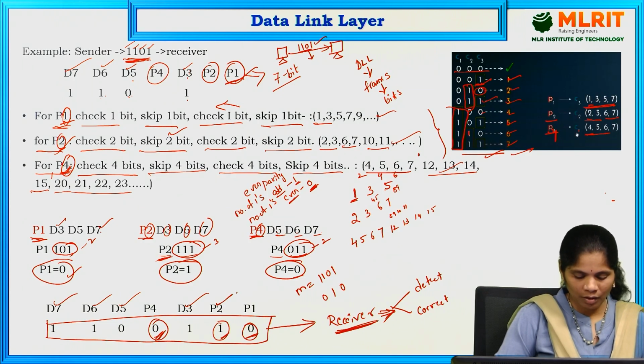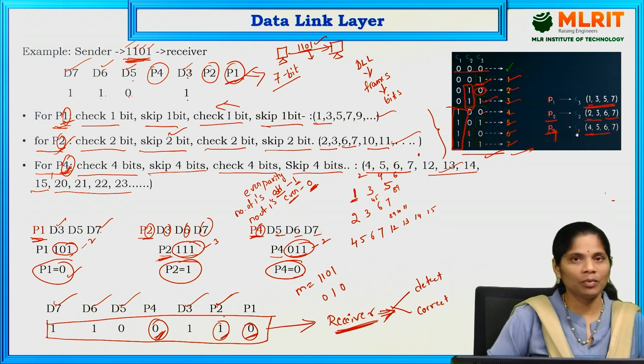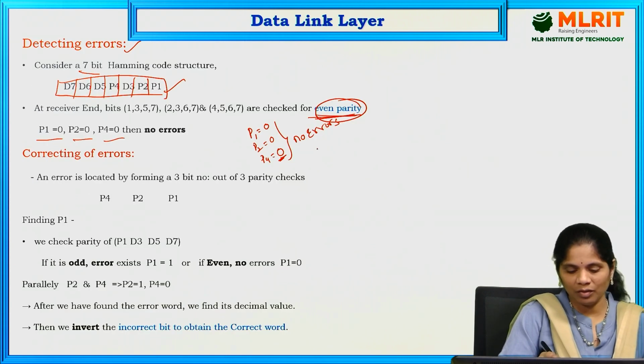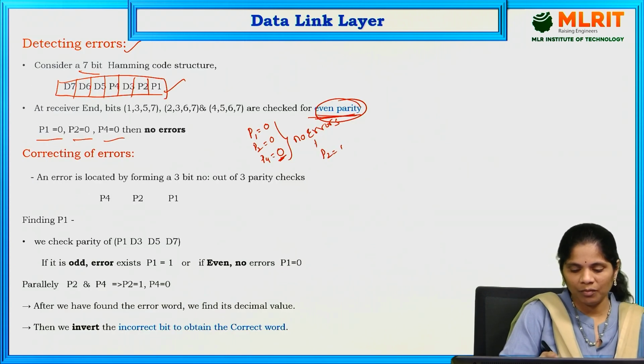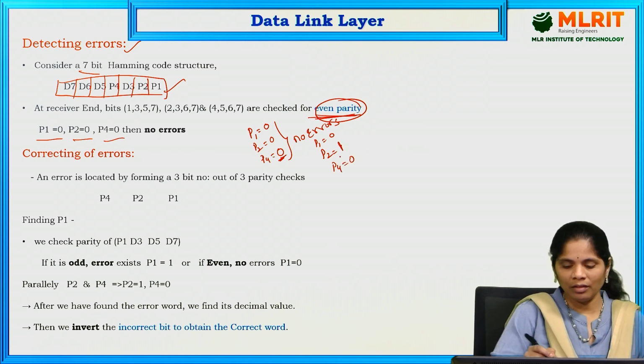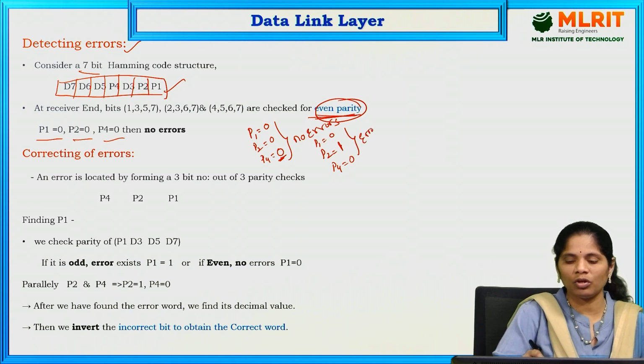Here P2 is 1, which means something is wrong. If any one of them is 1, then there is an error. Like that it is understood.